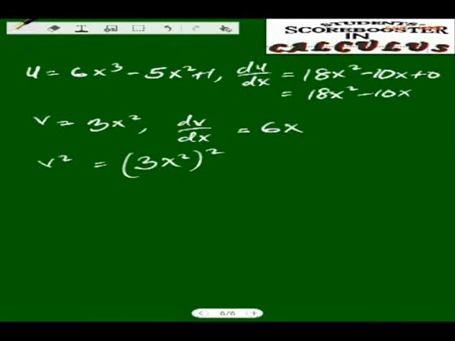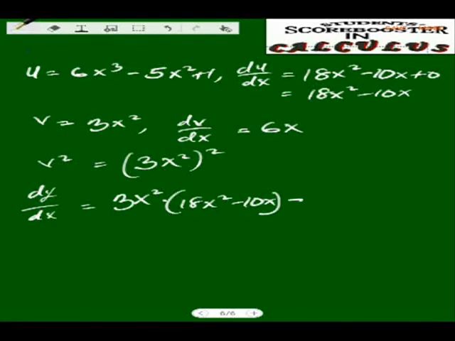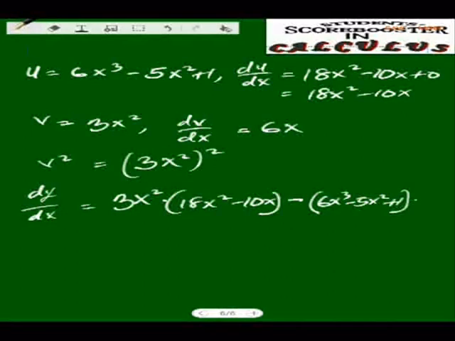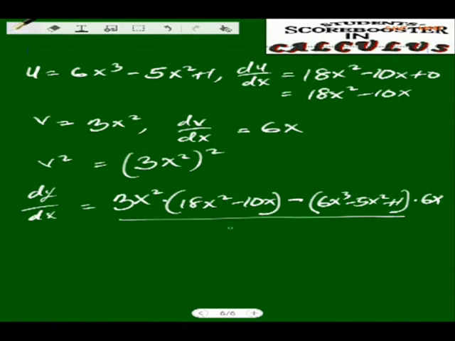Okay, now what do we do? We just substitute. dy dx will be equals to v, which is 3x squared times 18x squared minus 10x, which is du dx, minus, open the bracket, 6x cubed minus 5x squared plus 1, then times 6x, which is dv dx, over 3x squared raised to power 2.